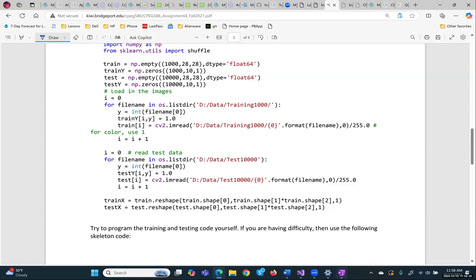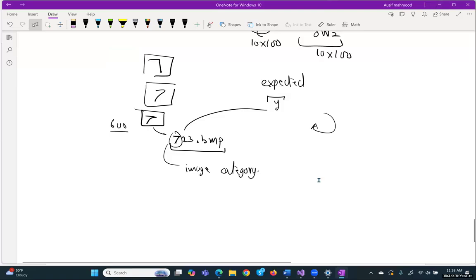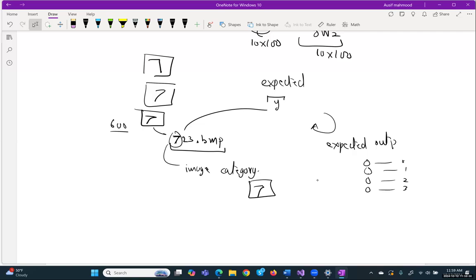So in other words, the way we are creating our training data is the expected output. If the input is 7, the expected output will be 0, 1, 2, 3, 4, 5, 6, then 1, then 8 and 9.